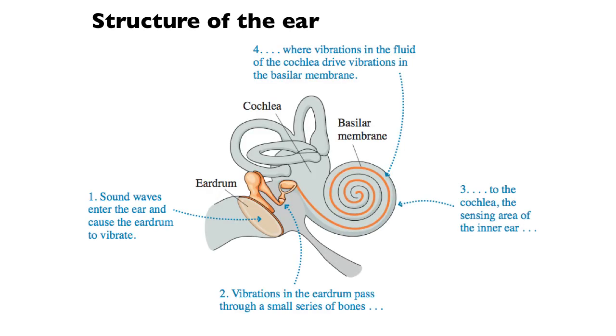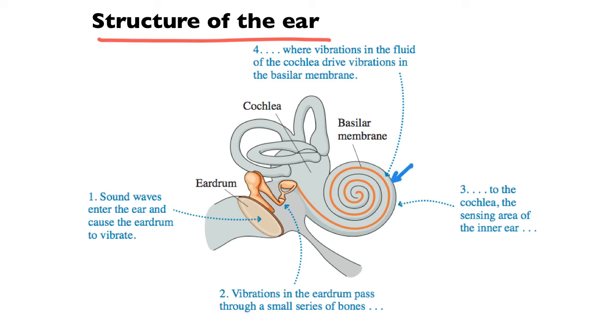Now, one other place where we're going to see this, and I'm bringing this up because we're going to talk about this in chapter 15, is this. It turns out when sound waves enter your ear, they cause the eardrum to vibrate. They transfer the vibrations through this sequence of bones, and then they end up in the cochlea. In the center of the cochlea is this basilar membrane.